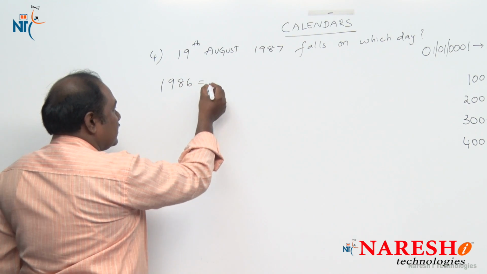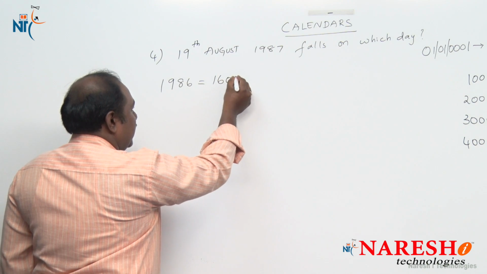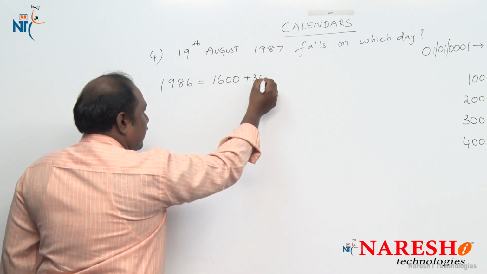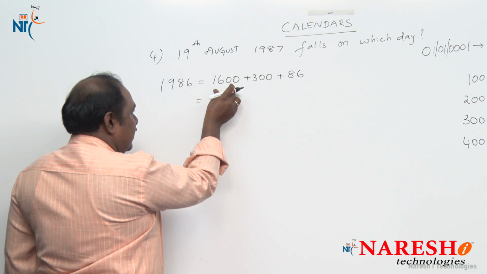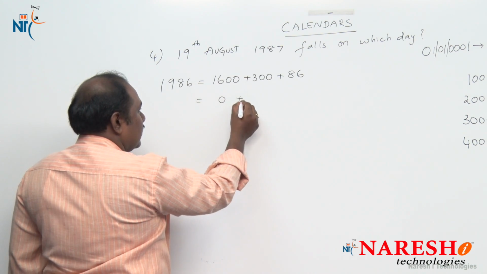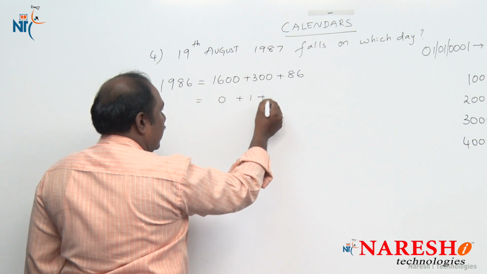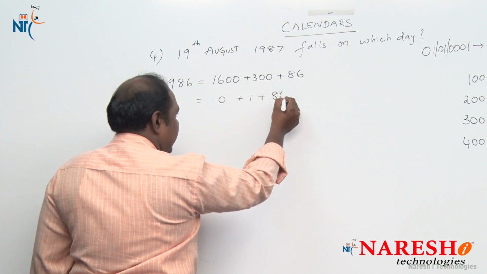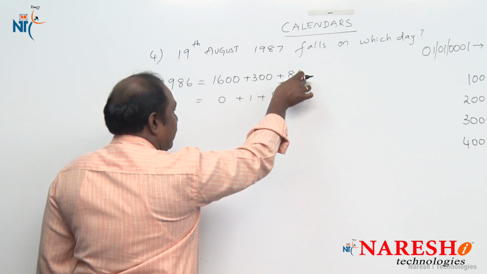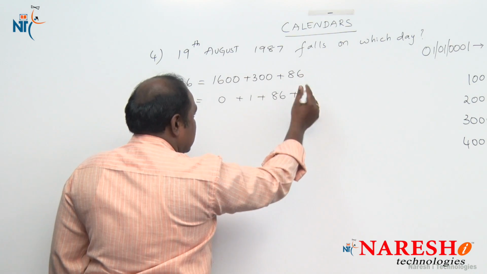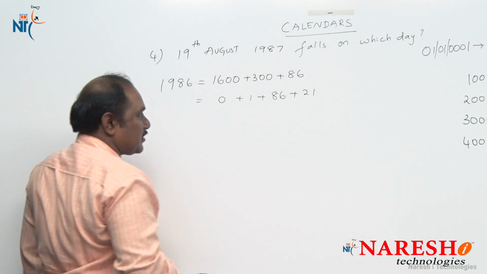Now for our convenience, we write this as 1600 plus 300 plus 86. Now 1600 years have 0 odd days, 300 years have 1 odd day, 86 years have 86 plus. In this 86, how many leap years are there? In these 86 years, we have 21 leap years.